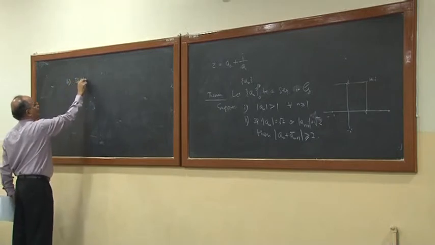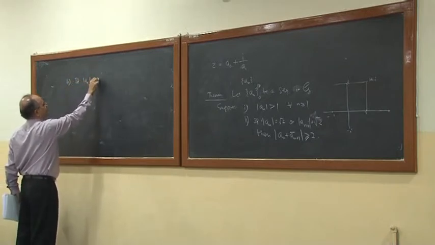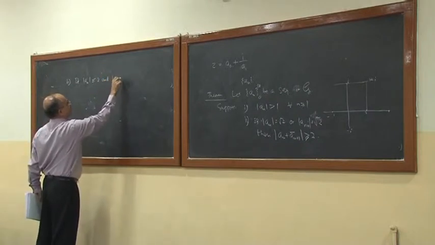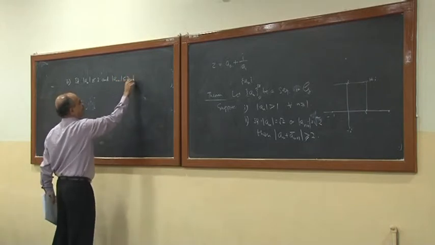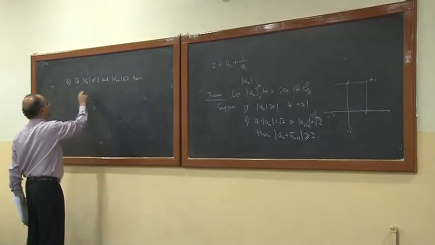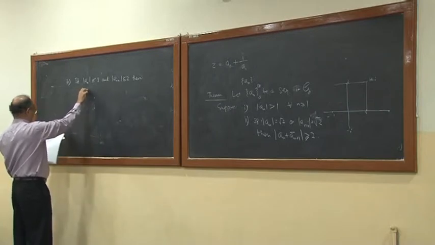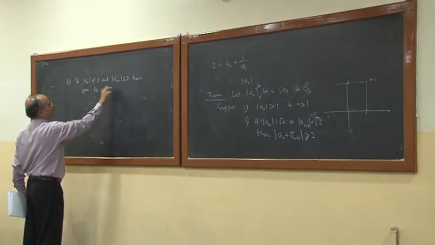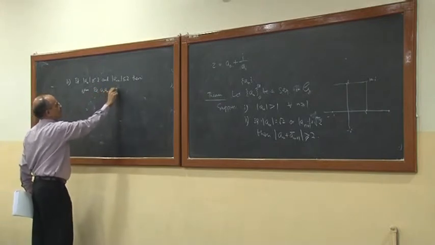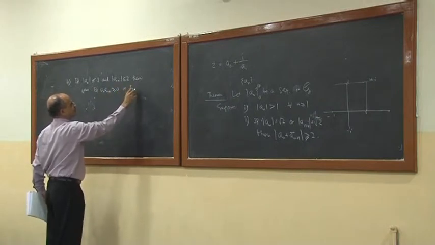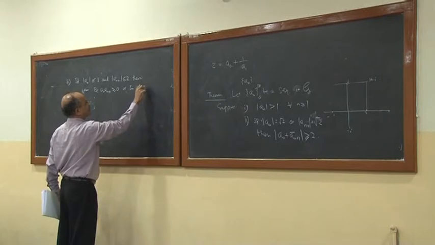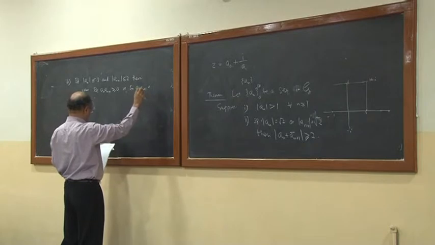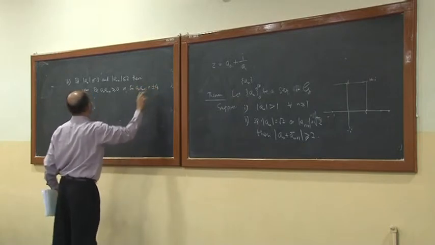If mod an is less than or equal to 2, and mod an plus 1 is less than or equal to 2, then either the real part of an plus 1 is bigger than or equal to 0, or the imaginary part of an plus 1 is equal to plus or minus 4.